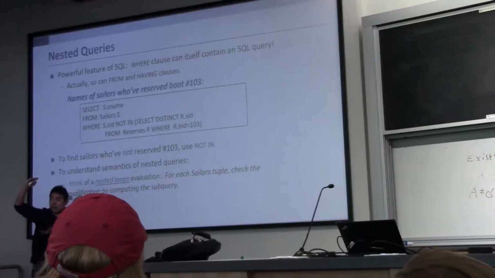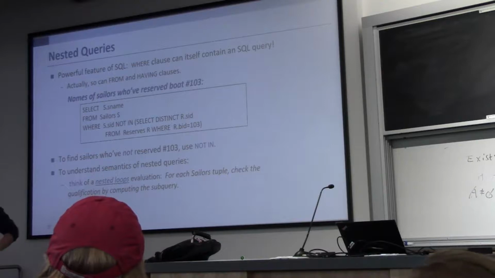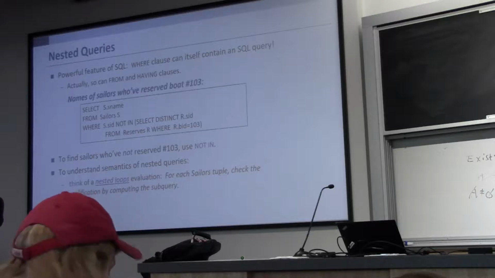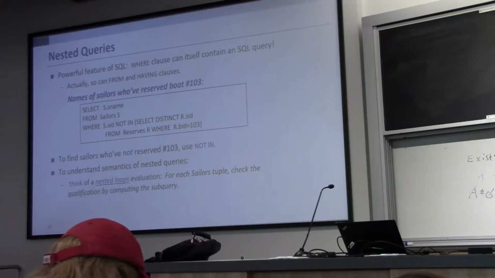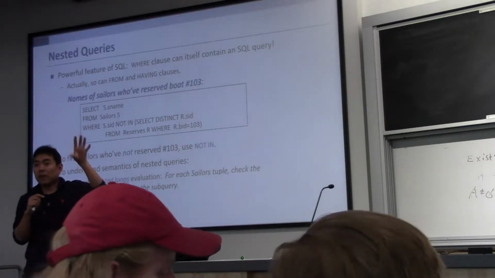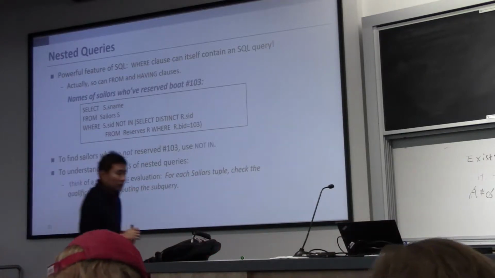If you look at this inner block, the instance produced by that inner block is a constant while you are looking through the records from the outer block. No matter which record you are looking at from the outer block, the instance produced by that inner block is a constant. It doesn't change. In other words, the behavior of your inner block is independent of, or uncorrelated with, the behavior of your outer block. Is that clear? That's why it's called an uncorrelated block.